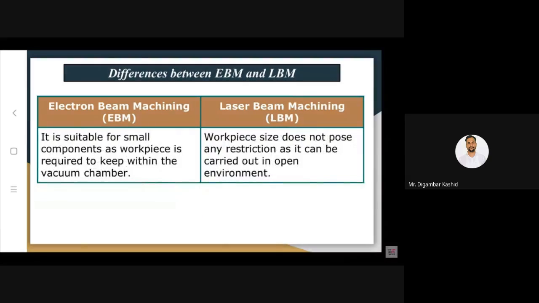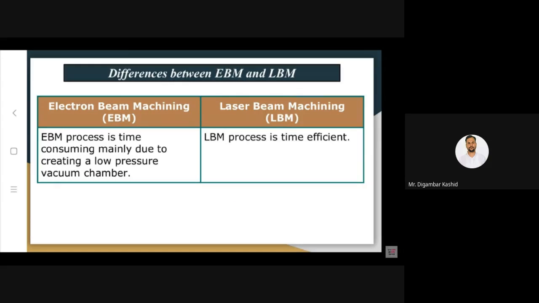Third point about the EBM is it is suitable for small components, as the workpiece is required to be kept within the vacuum chamber. About laser beam machining, workpiece size does not pose any restriction as it can be carried out in open environment. EBM process is time consuming mainly due to creating a low pressure vacuum chamber, and LBM process is time efficient because we are doing that process in open environment.